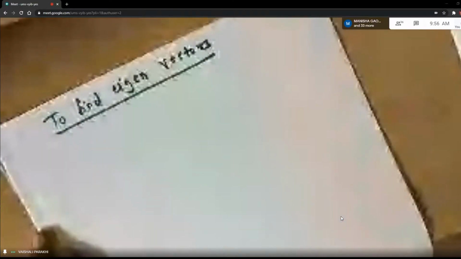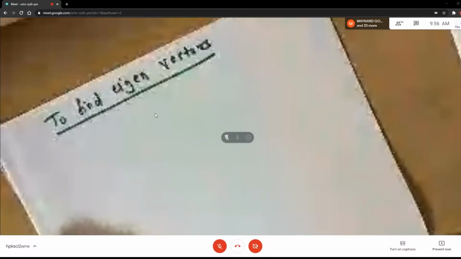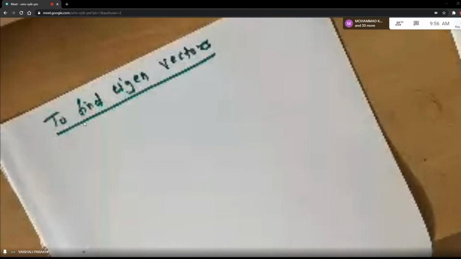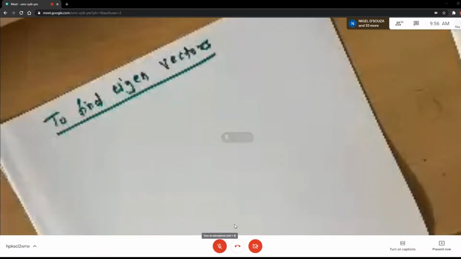Now see what happens, students. Tell me if you can see clearly here. To find eigenvectors. Is it readable, students? Is it readable? You can put in chat box. Yes, no, whatever.